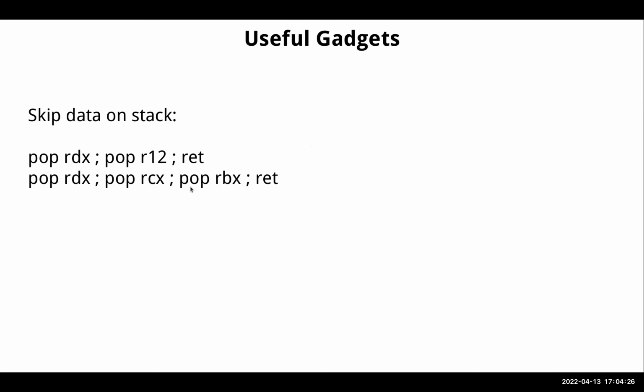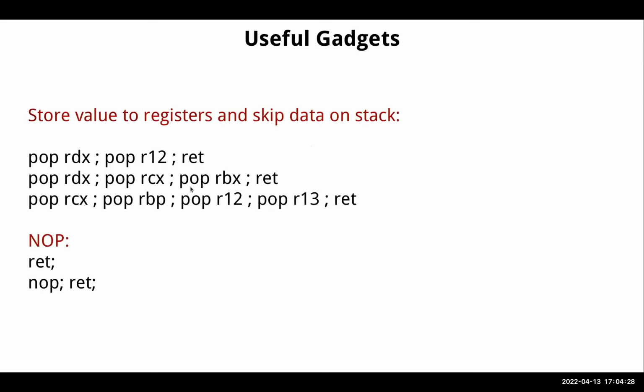Three items, just pop three times. This is useful, as you can see. Last class, we couldn't find the gadgets we wanted, but we can reuse other gadgets and put some garbage on the stack to make them semantically equivalent.